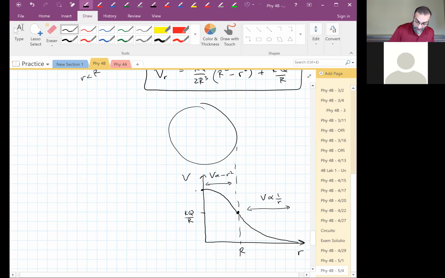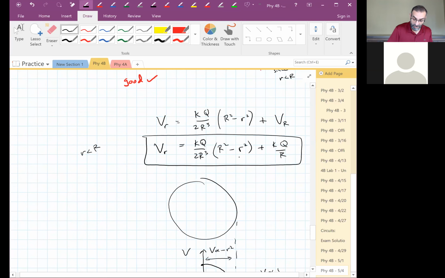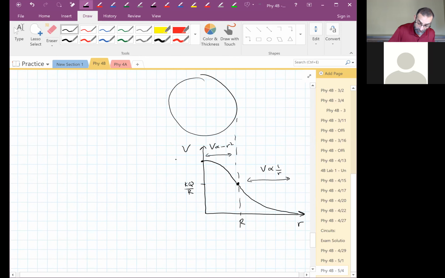And what is it at r equals 0? Plug in r equals 0, and we get 3 halves KQ over R at this point. So it looks something like that.